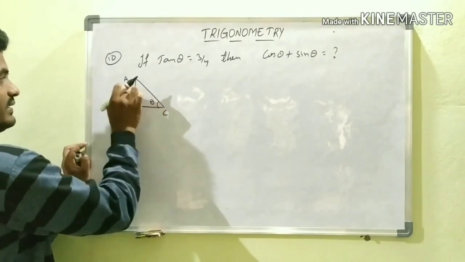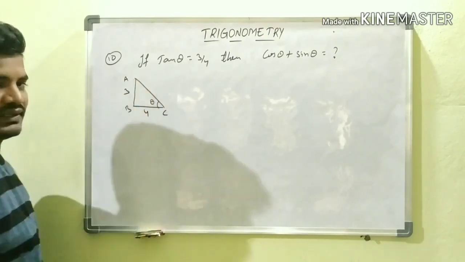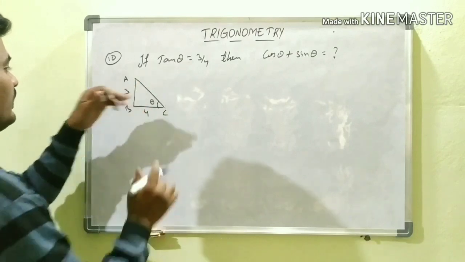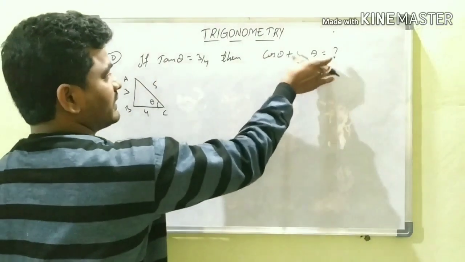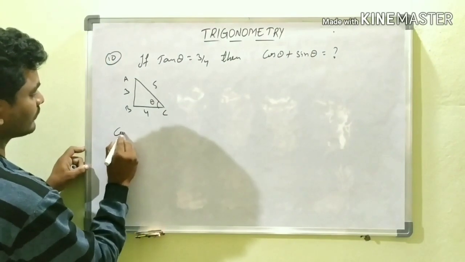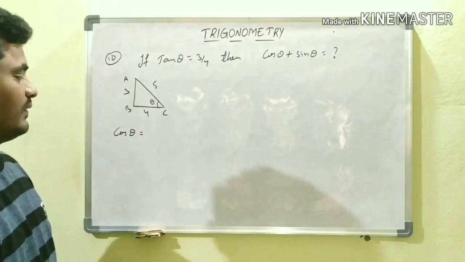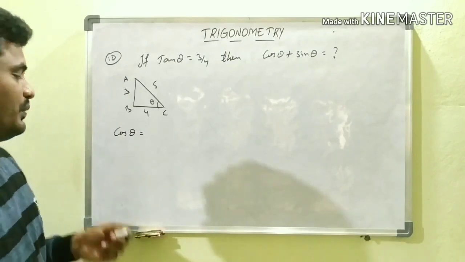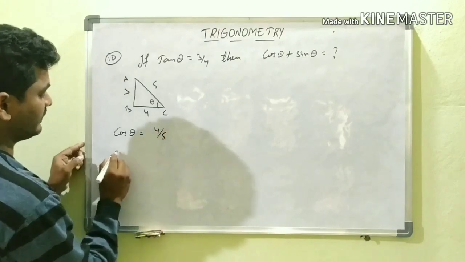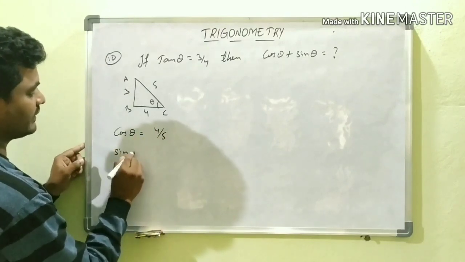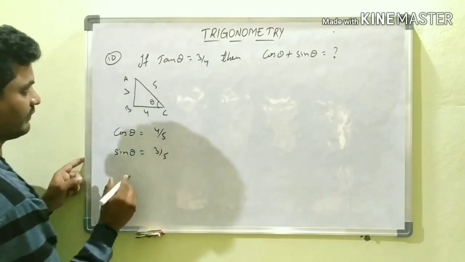For this theta, this is opposite and this is adjacent, and by using the Pythagorean triplet 3, 4, 5, the hypotenuse becomes 5. Okay, now we require cos theta and sin theta. Cos theta, we know, is the ratio of adjacent to hypotenuse. Adjacent is 4 and hypotenuse is 5, and sin theta equals opposite to hypotenuse, 3 by 5.